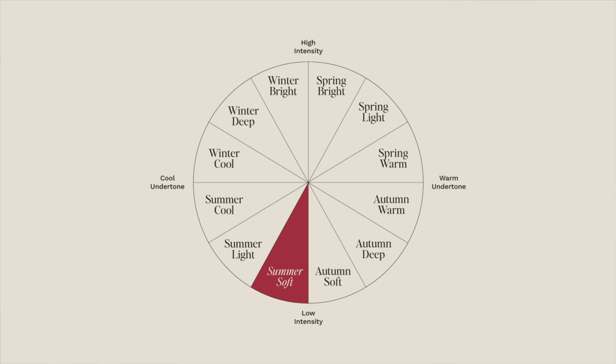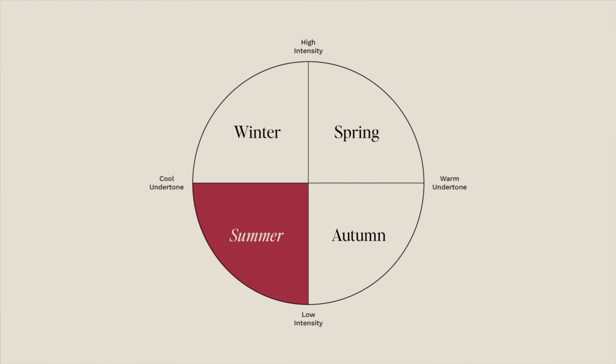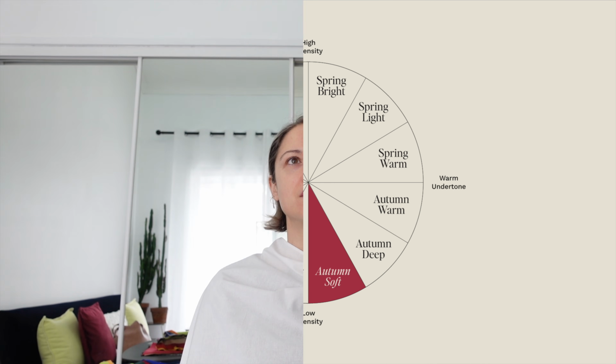So Marina, your preference is Summer Soft, then Summer Light and Summer Cool because you're still a summer, and then if you really want to make an exception every now and then, you can borrow a few colors from Autumn Soft. It's not like you're Summer Soft and you can use all of the autumn colors, guys, because sometimes people get confused. Oh, but I'm Summer Soft and I'm using this color from the autumn palette and it doesn't work on me. Guess what? You're Summer Soft, of course the color doesn't work.